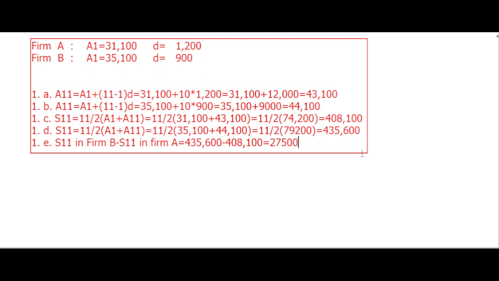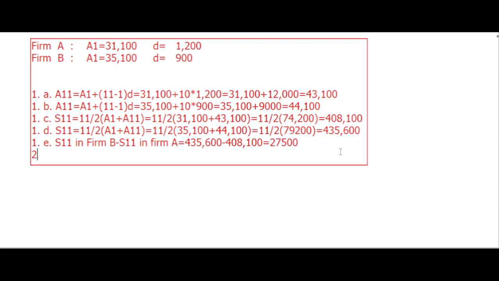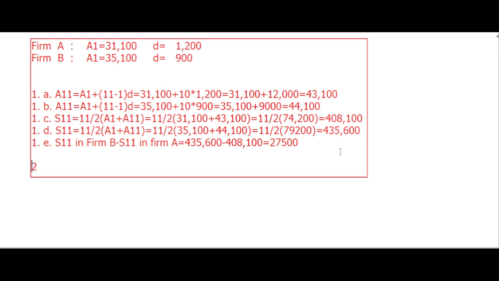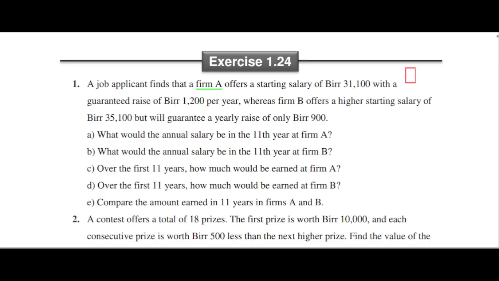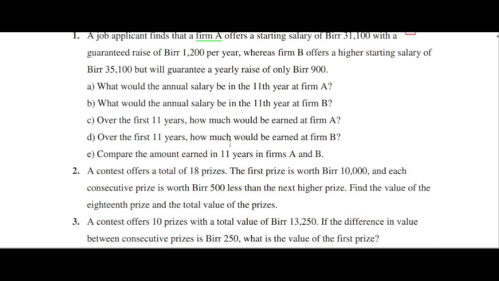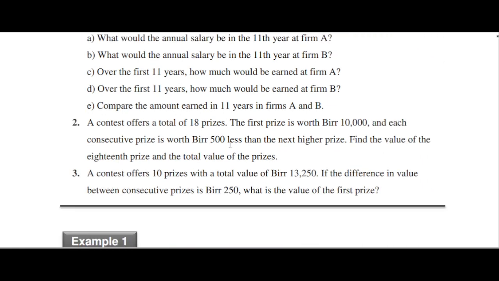Now let's go to the next question, question number 2. Question number 2 says, a contest offers a total of 18 prizes. The first prize is worth $10,000 and each consecutive prize is worth $500 less than the next higher prize.